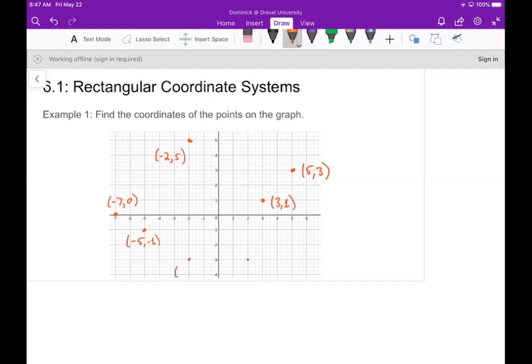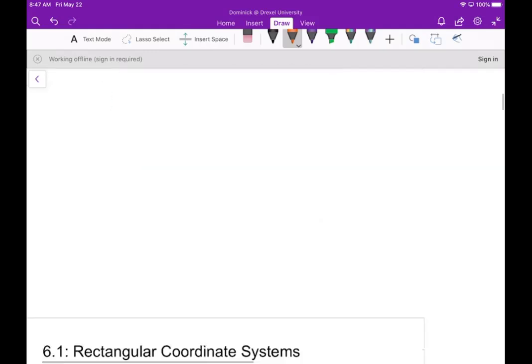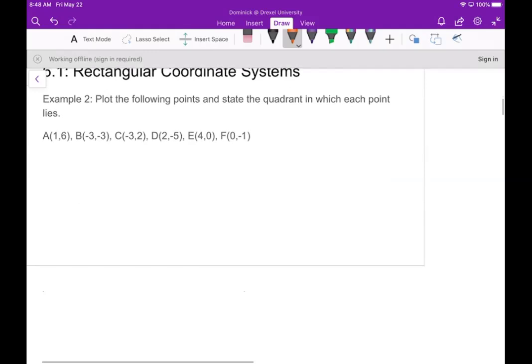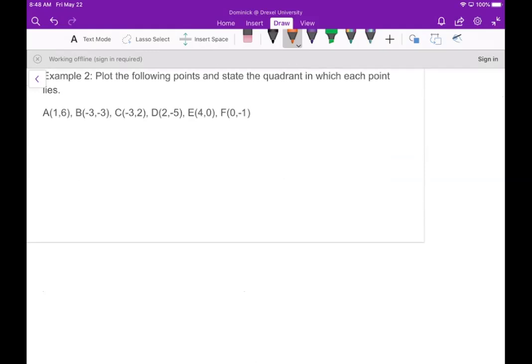This one will be a -2, -3, and this one will be a 2, -3. Hopefully that's pretty easy to get the hang of. Let's go ahead and plot a couple more points. And then we'll also talk about what quadrant they're in.